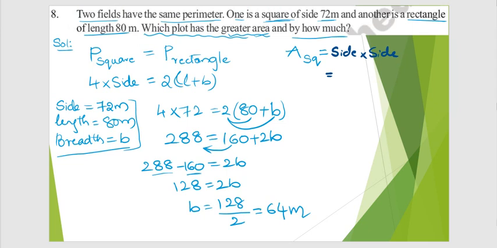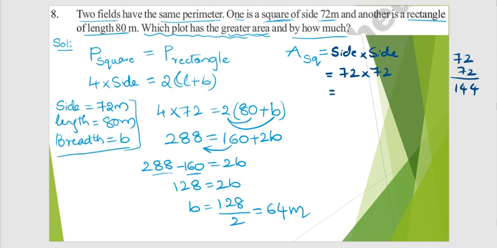So when I substitute the values, it gives me 72 into 72. So what is the value of 72 into 72? So we are going to do it here. 72 into 72. 2 2s are 4. 2 7s are 14.